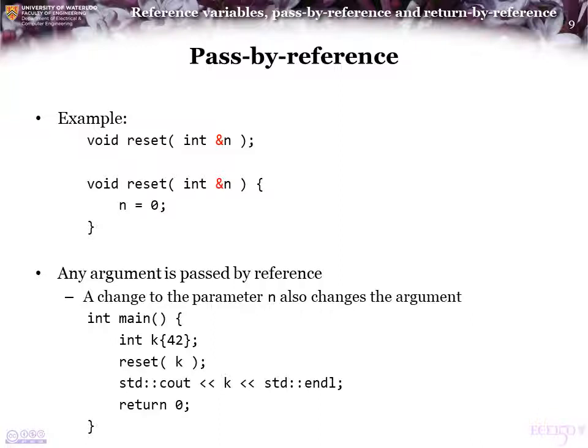If I now reset k, the local variable k is now what is referenced in the function call. So when we assign n the value 0, k is actually assigned 0. So when we compile and execute this program, we will see the output 0, as that is the value that k now holds.